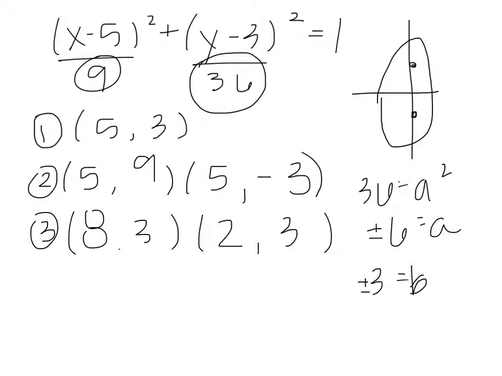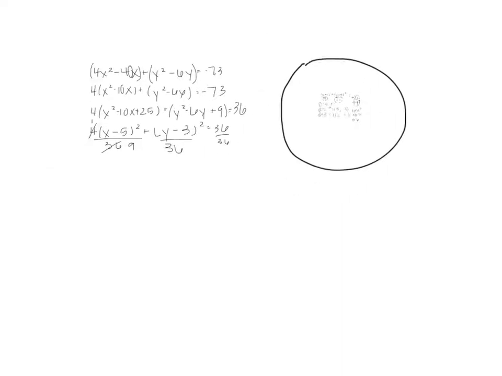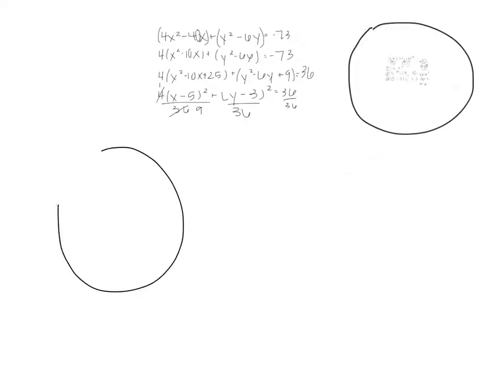Okay, and then we are asked to find our foci. So to find our foci, we know that we have to find the value of C. And we know that this is our value of A, and this is our value of B, and this is our value of C. To find our value of C, we know that A squared is equal to B squared plus C squared.